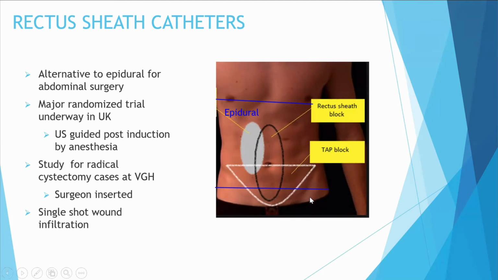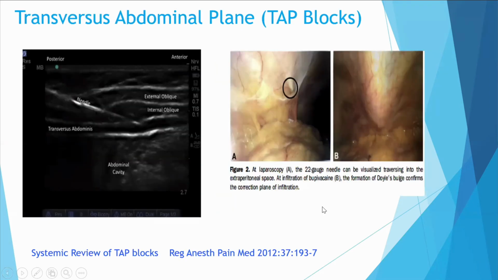Some of you may also be familiar with the concept of TAP blocks or transverse abdominal blocks as well too, which is useful for some of the procedures that are below the umbilicus.